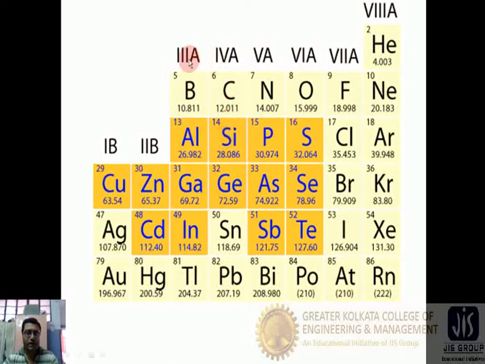The group 3 elements, boron, aluminum, gallium, indium, are the impurities added to the pure semiconductor, silicon or germanium, to make p-type semiconductor. And we add group 5 elements like phosphorus, arsenic, antimony to silicon and germanium to make n-type material or n-type semiconductor. We will discuss it, but this chart is very helpful for understanding semiconductors.